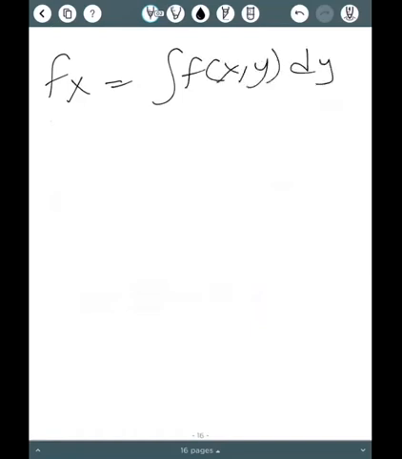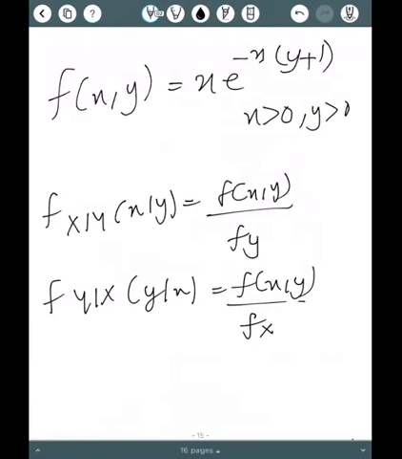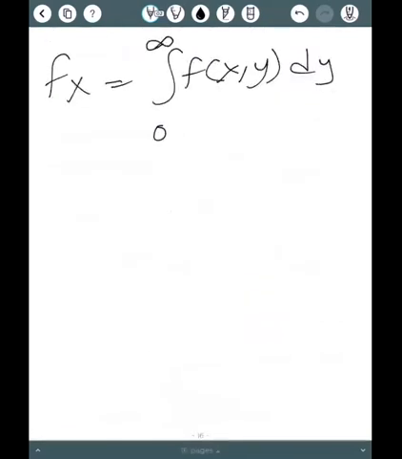So you know that अगर f(x) निकालना है, that's going to be the integral of f(x, y) dy, summing over y, और इधर x y दोनों greater than 0 है, so y will be from 0 to infinity, right? So going back to the question, it's gonna be x e minus x y plus 1.